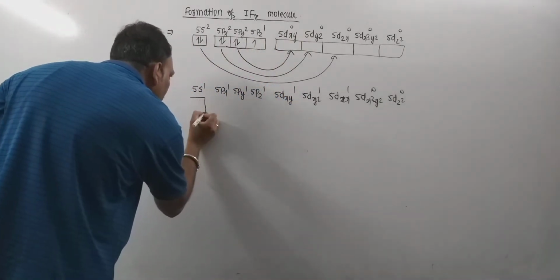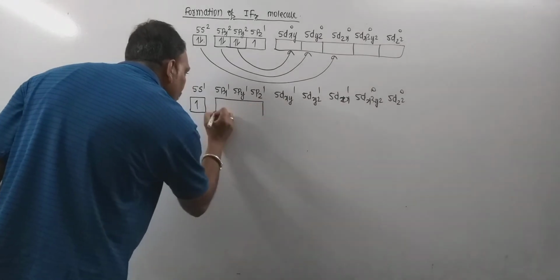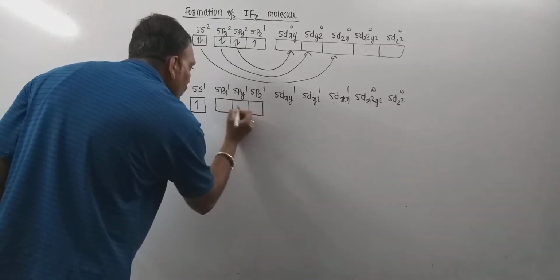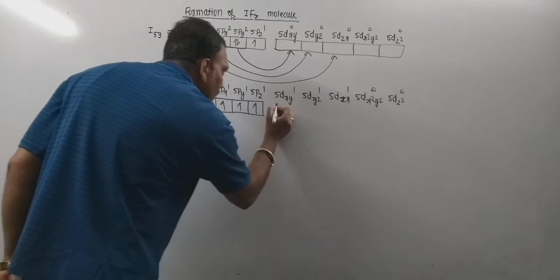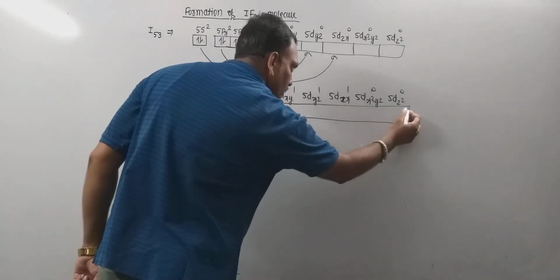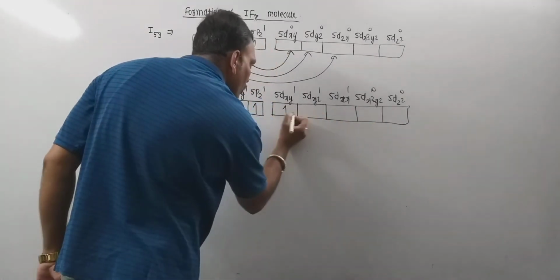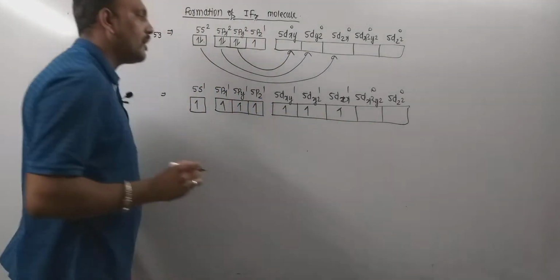So box diagram or the excited state electronic configuration of iodine can be shown in this manner. So this is the excited state electronic configuration of iodine.